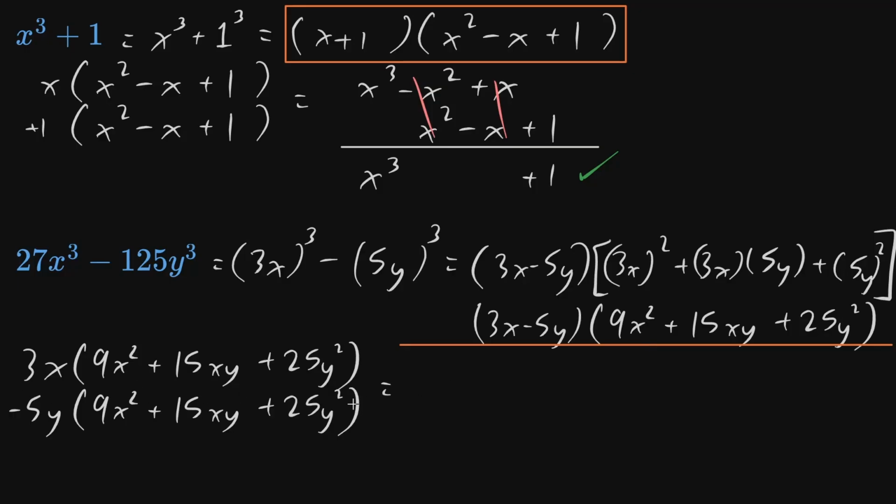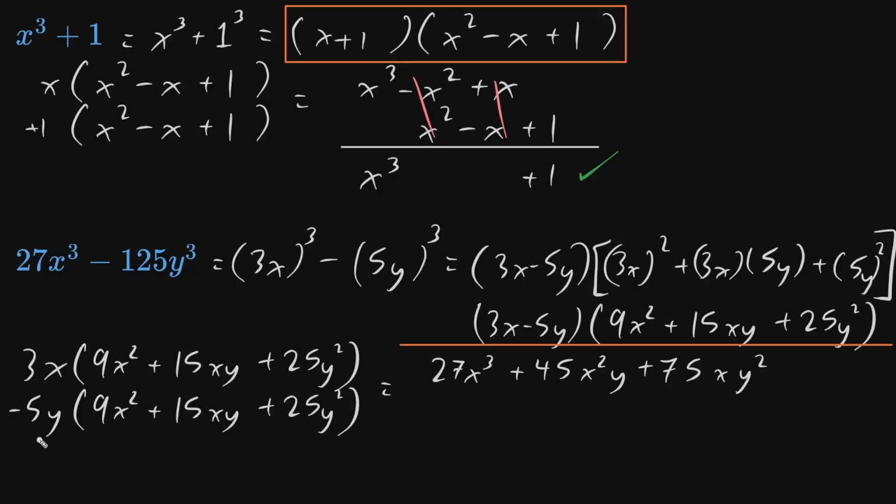What we get on the top here, 3x times 9x, that's going to be a 27x cubed. 3x times a 15xy. Okay, so 3 times 15 is 45, so that'll give us a plus 45x squared y. Next, we have 3x times 25y squared. 3 times 25 is 75, so this would be a plus 75xy squared. Now we're done with the top.